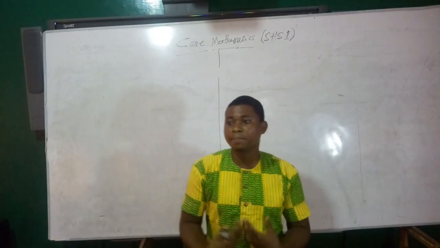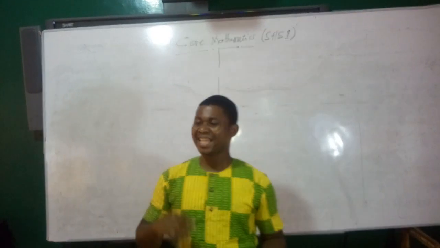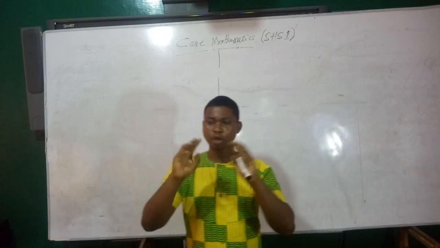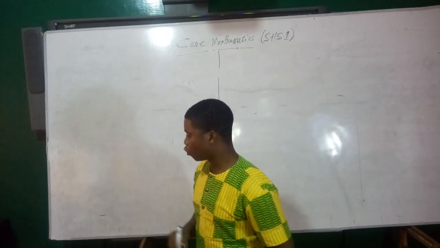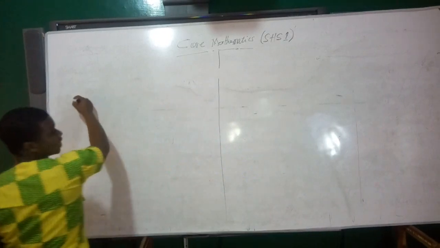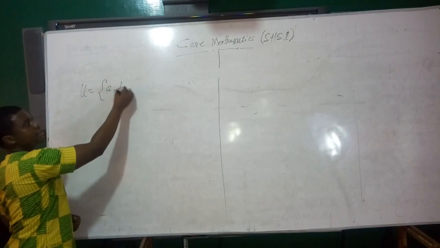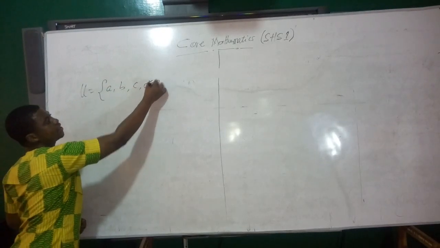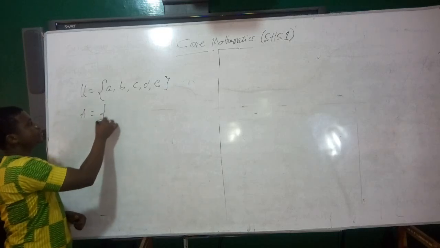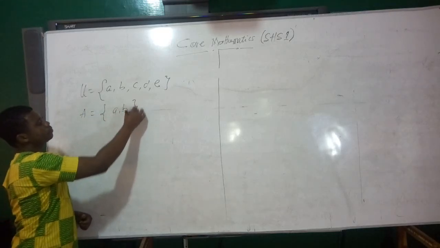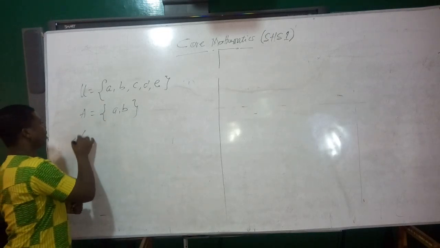Then when we talk of a complement of sets, a complement of a set A is the set of elements that belong to the universal set but do not belong to A. Example, when you have a universal set A, B, C, D, and E, and a set A to be A and B, it means we have A complement.